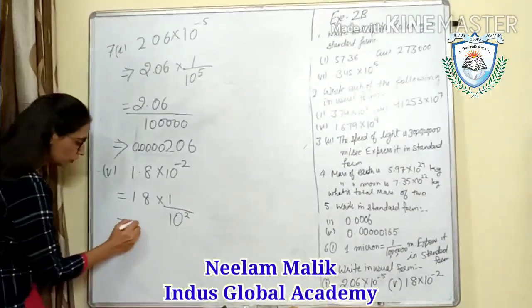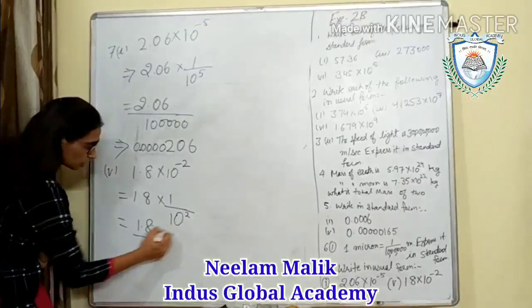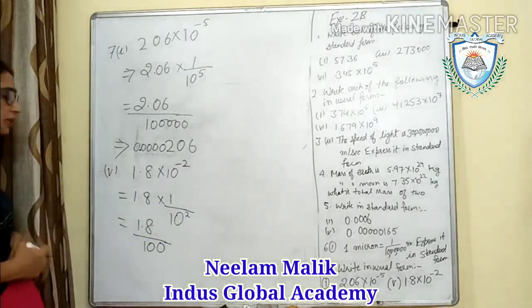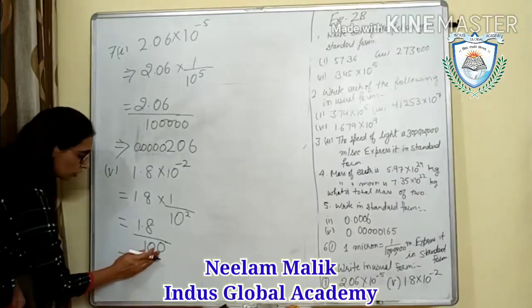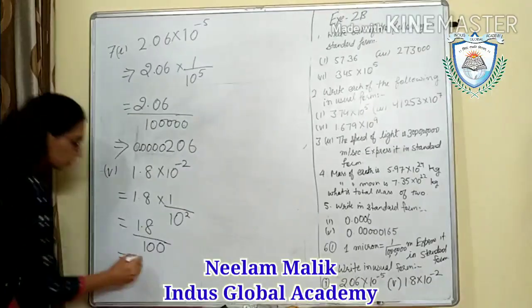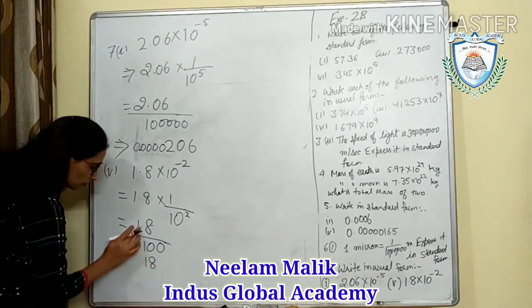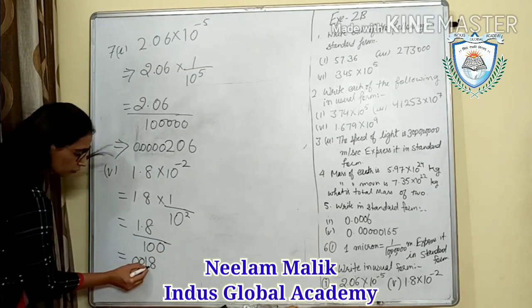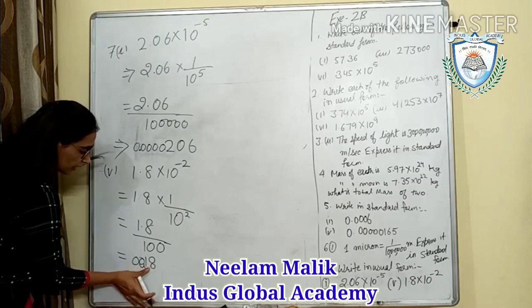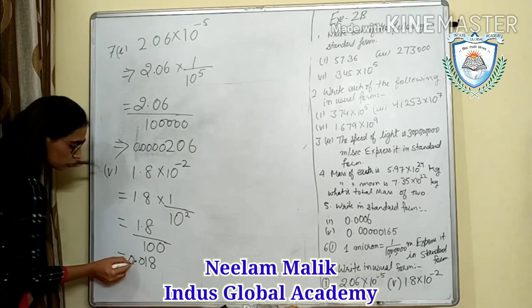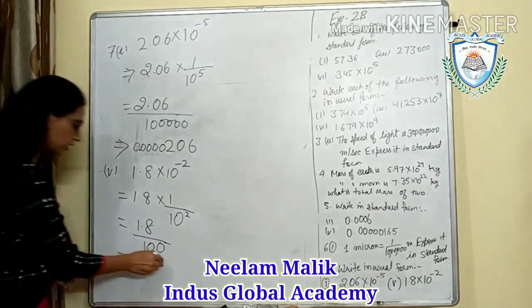So now 1.8, this power will change to 100, means 10 raised to power 2 means 100. Now what will we do? We will put our decimal point to the left hand side. Okay. So the point is here. It will move from here to here. That means our answer will be 0.018. This will be our answer.